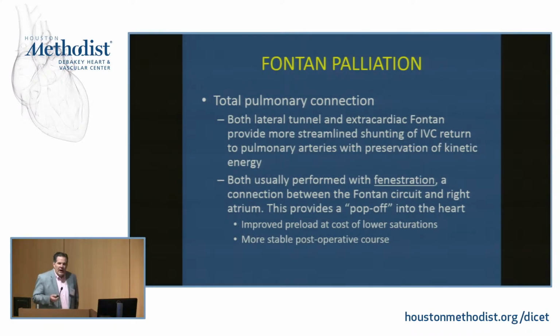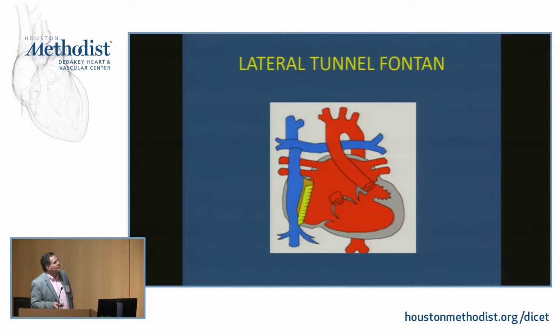Both of these provide more streamlined shunting of the IVC return and preservation of kinetic energy. These are both often performed with the fenestration, which is a connection between the Fontan circuit and the atrium. This provides a pop-off. Those patients do better after surgery. There's improved preload at the cost of lower saturations.